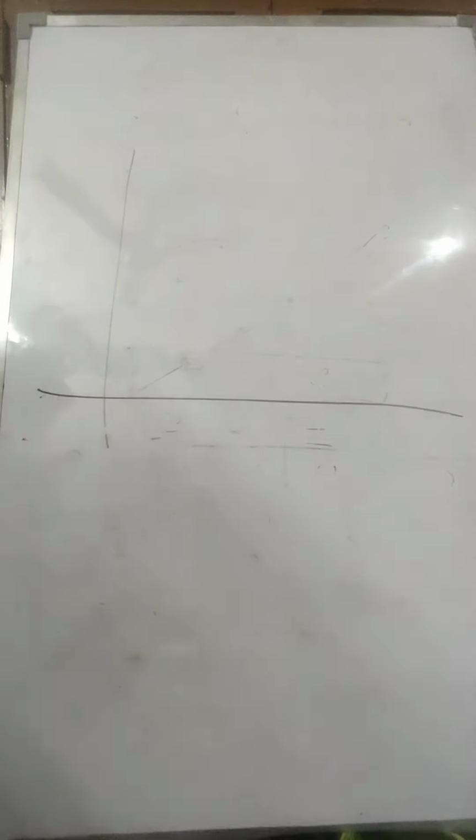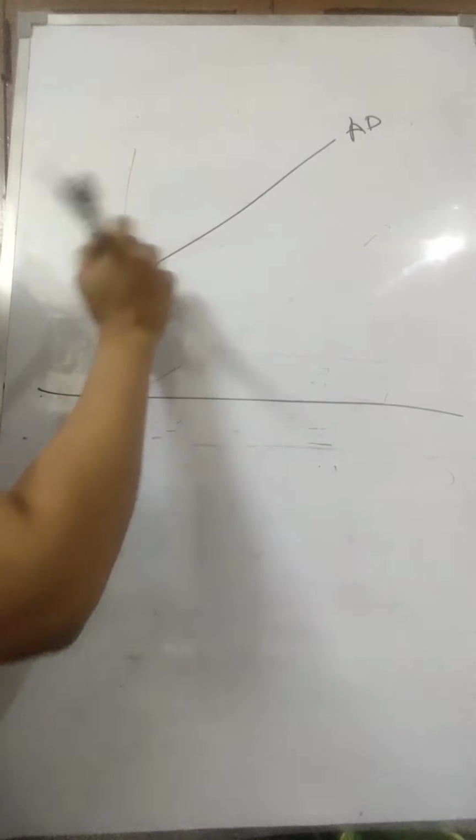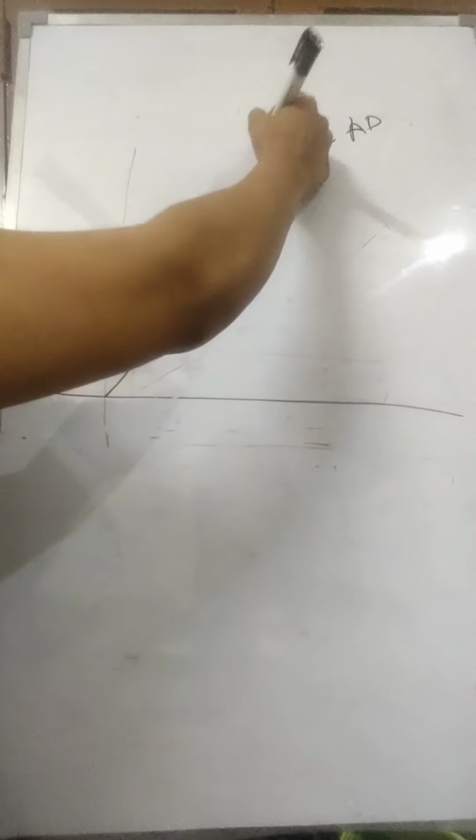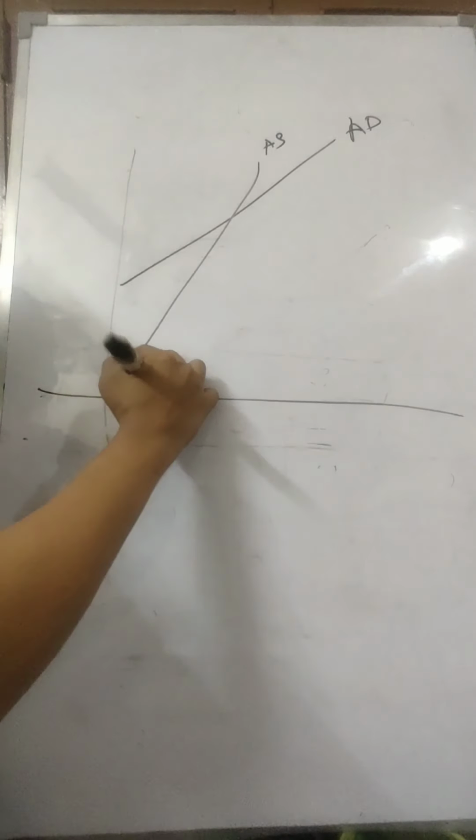As we have studied about the AD-AS curve, now if this is my AD and this is my AS, the 45-degree line is my AS curve.